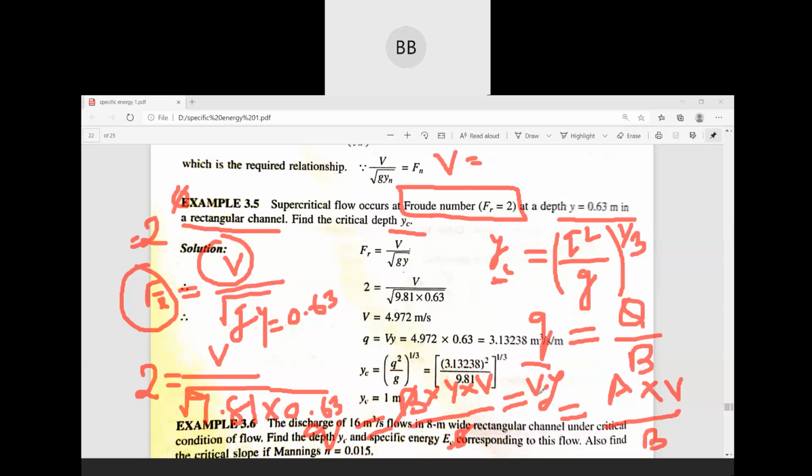Then you substitute here and find out the small q, then you substitute that small q in this critical depth formula and find out the yc value. The value you are going to get is almost equal to 1 meter.